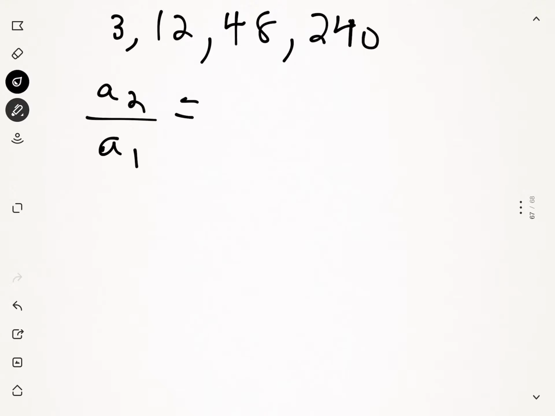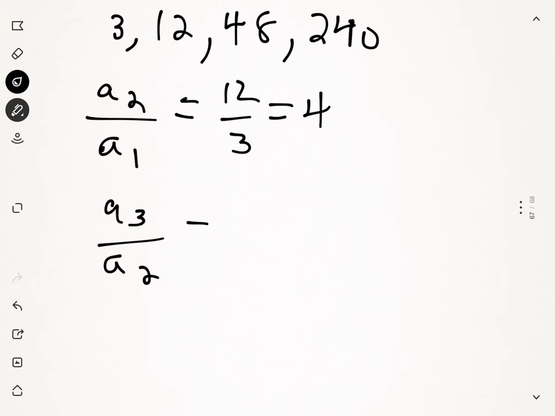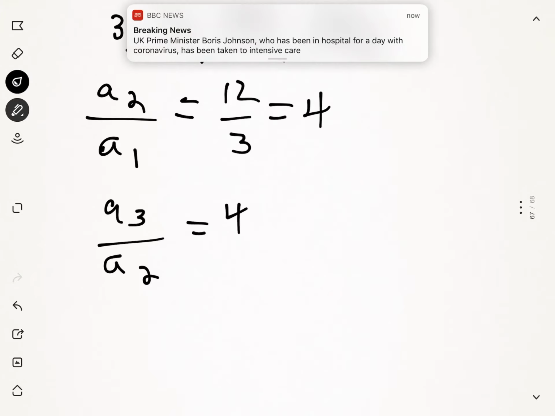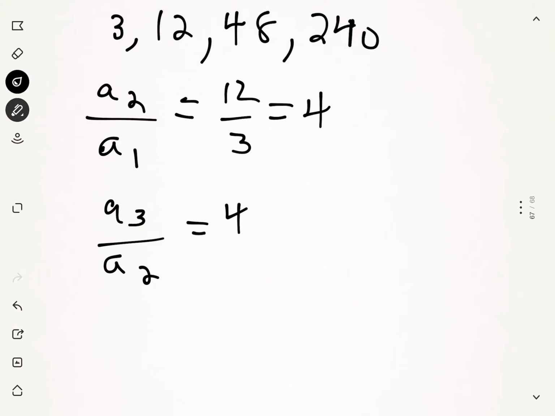So we're going to have 12 divided by 3, which we get 4. Then 48 divided by 12, which we get 4.